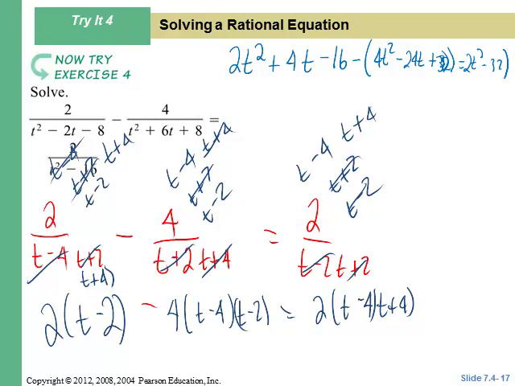Okay, let's see here. Let's combine these two as negative 2t squared plus 4 plus another 24 is plus 28t, minus 16 minus 32 more is minus 48, equals 2t squared minus 32. Let's subtract 2t squared from each side. And then let's add 32 to each side.